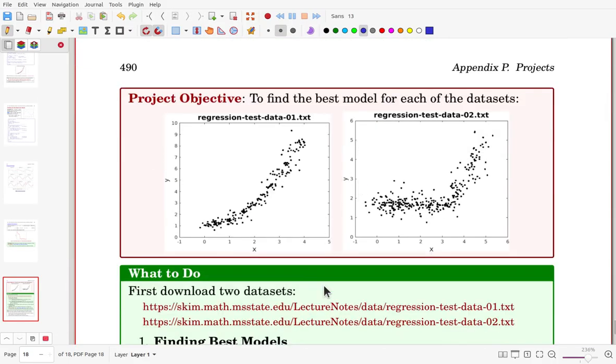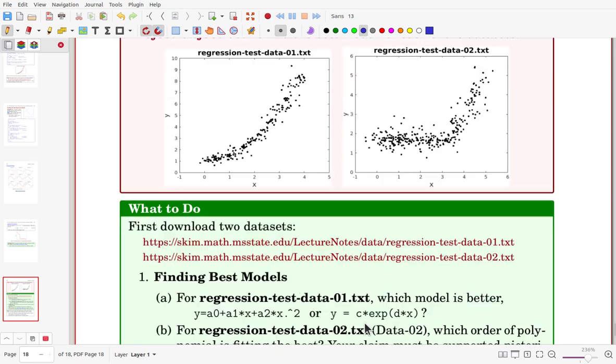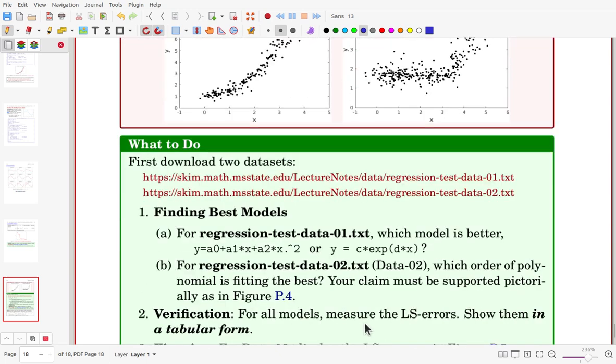Now here we have the project objective. We'll try to find the best model for each of these two data sets. You can download them by clicking these two lines. Okay, here there's data 1, there's data 2.